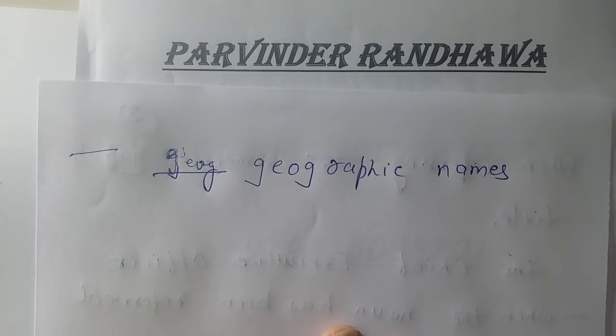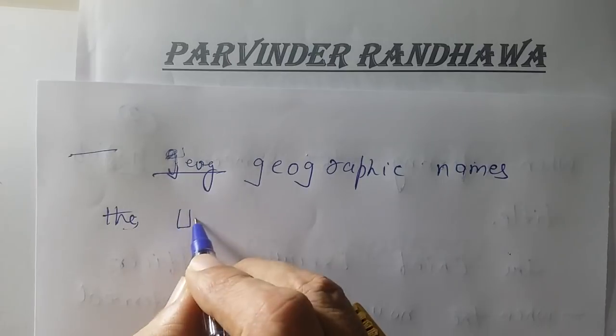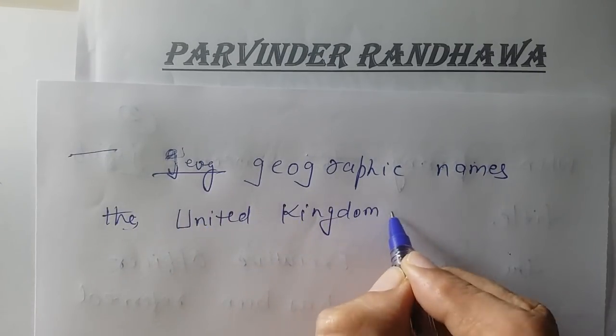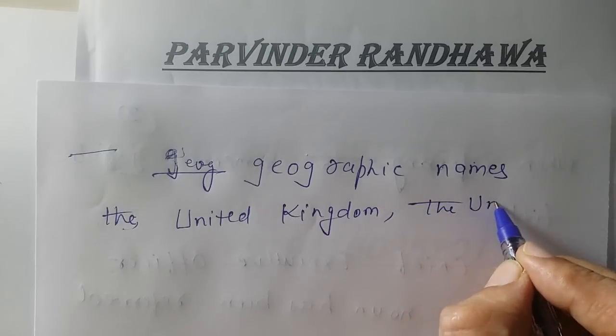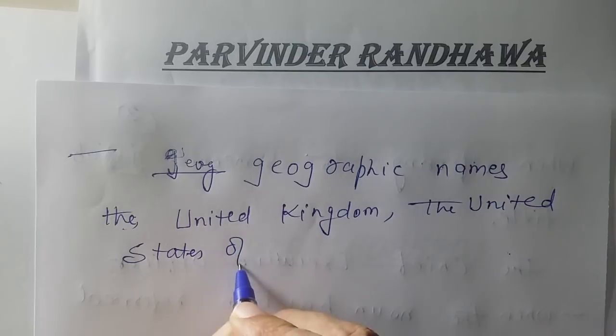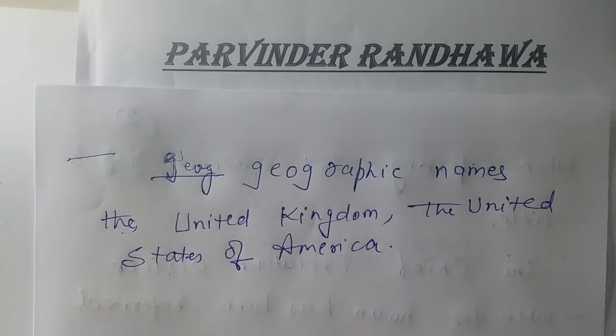What kind of geographic names are there? If you remember, we always use 'the' in front of the United Kingdom, the United States of America, because they are representing a geographical region.